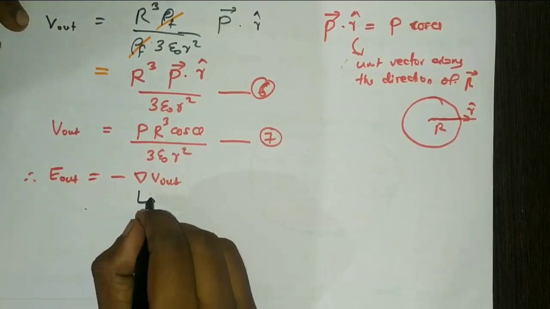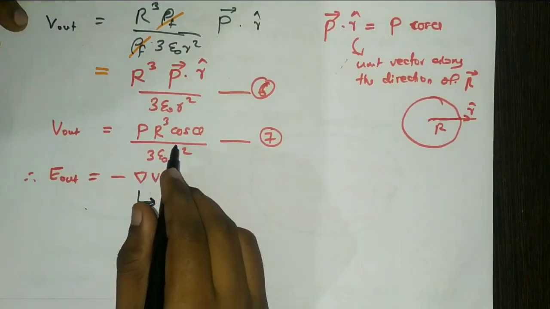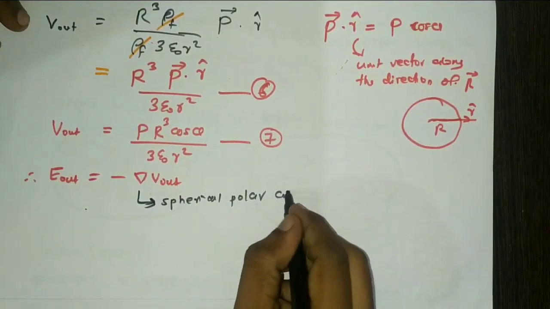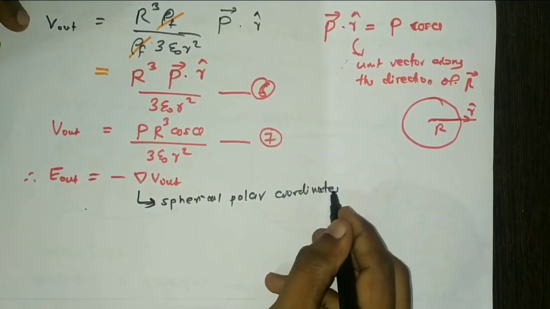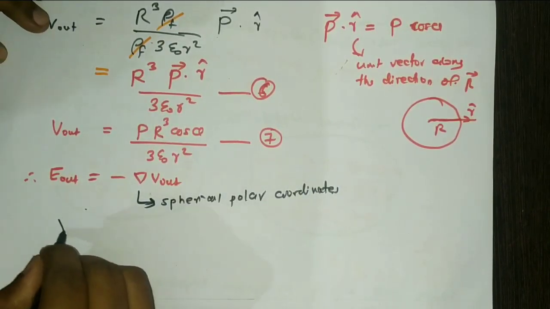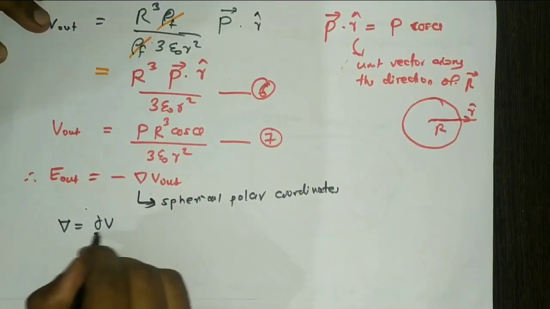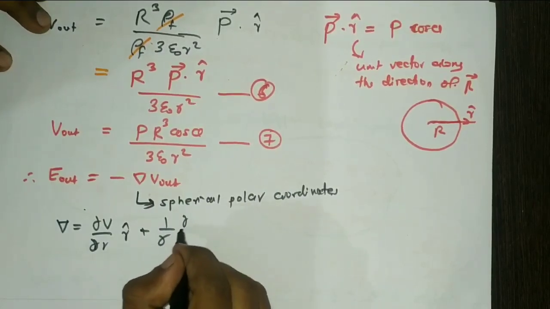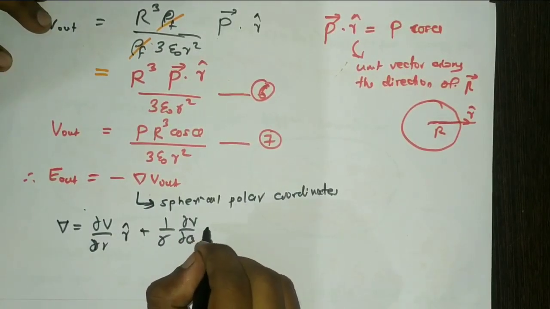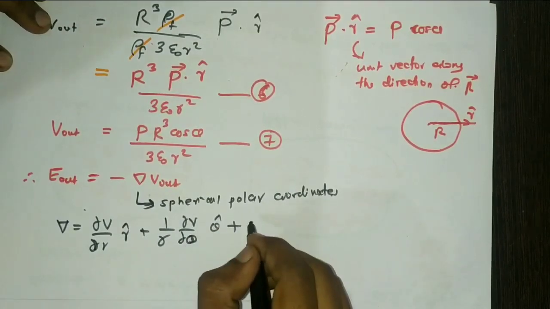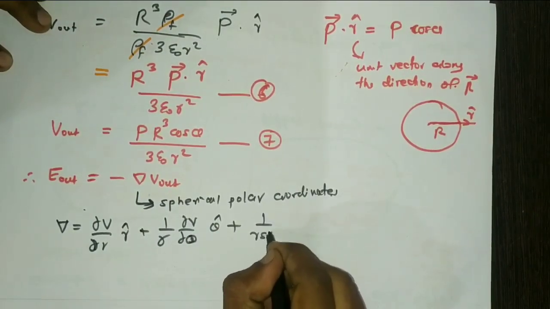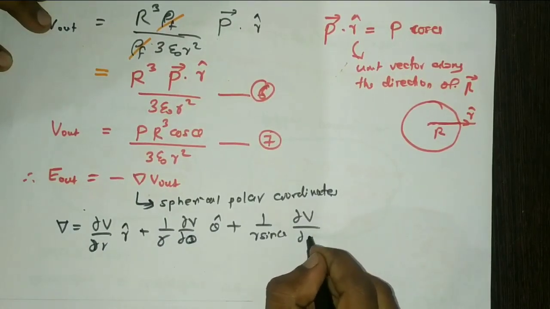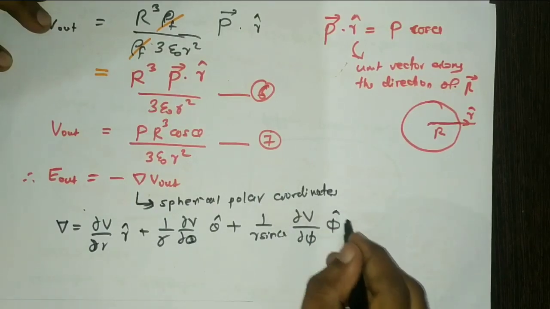Now here this del operator has to be written in terms of the spherical polar coordinates. This del can be written as dou V by dou R, R cap, plus 1 by R dou V by dou theta, theta cap, plus 1 by R sin theta dou V by dou phi, phi cap.